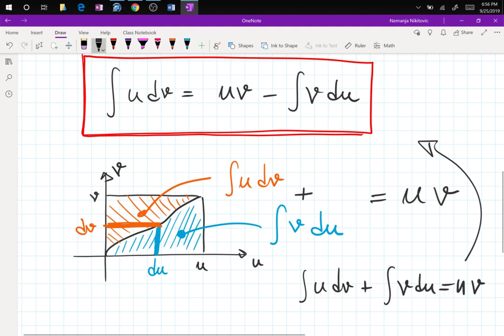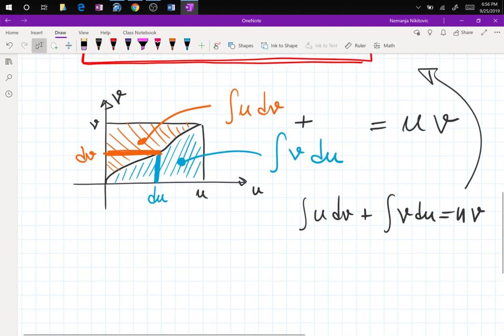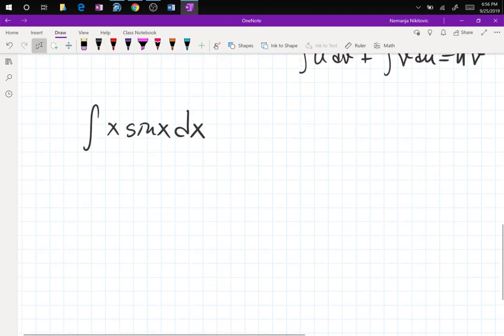So the first example that we are going to work on is the integral of x times sine x dx. So this is our first example to consider.